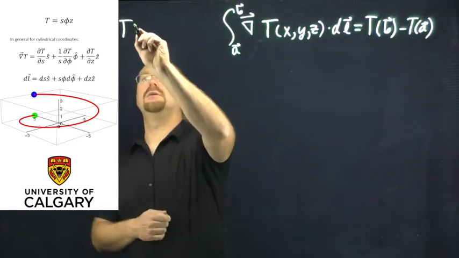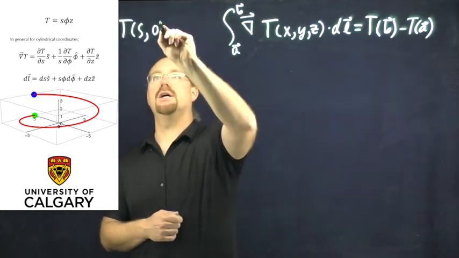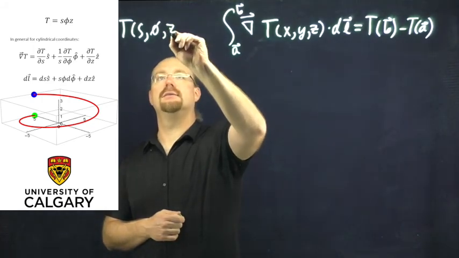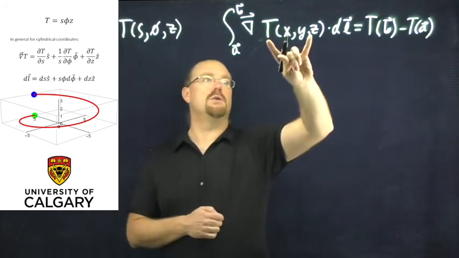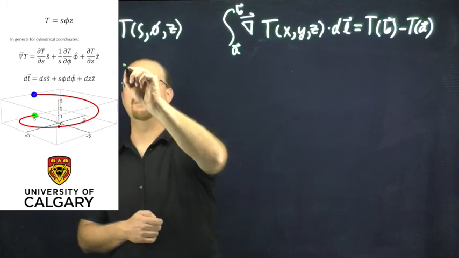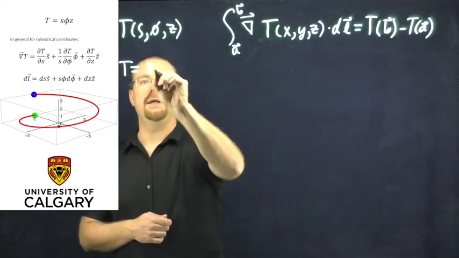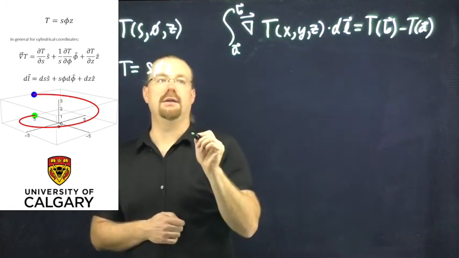So our function T of s, phi, and z is what we're going to take the gradient of. Specifically, T is going to equal s phi z.